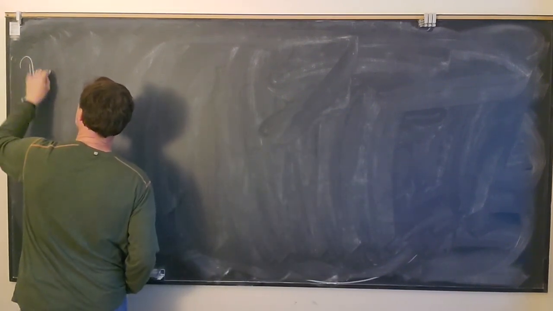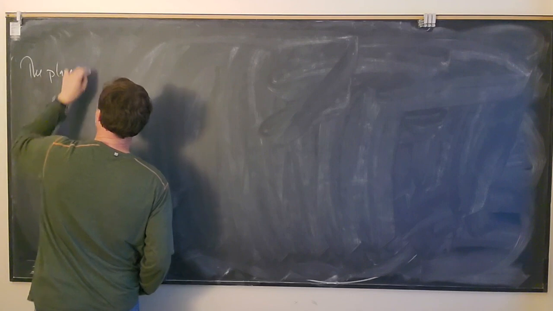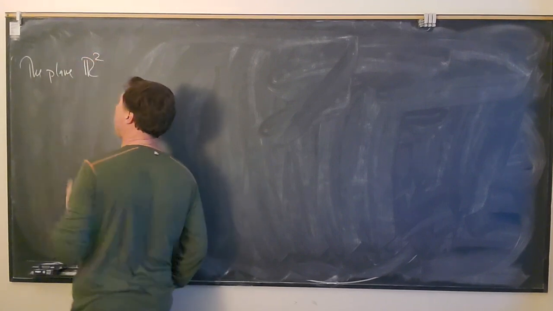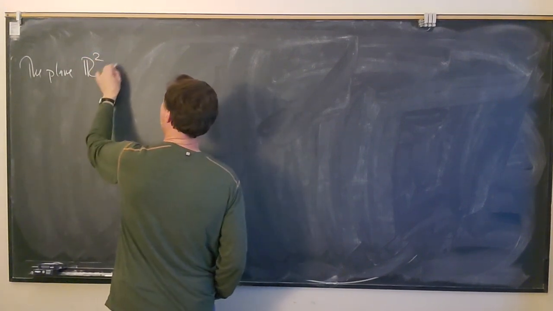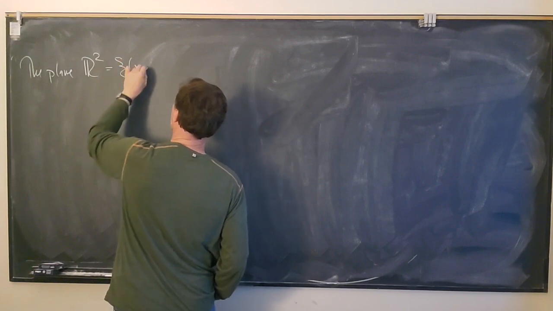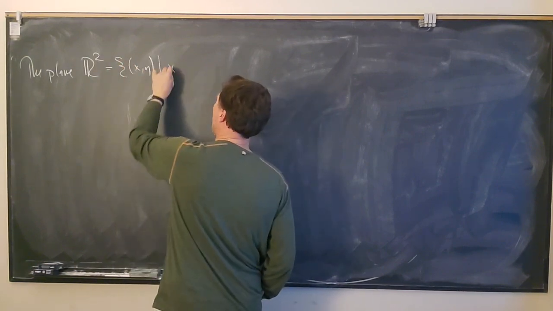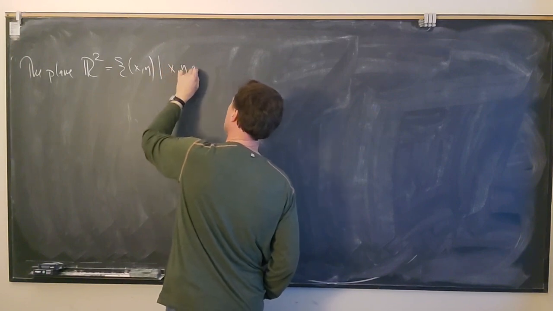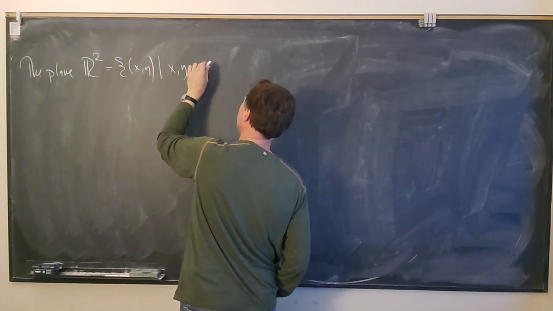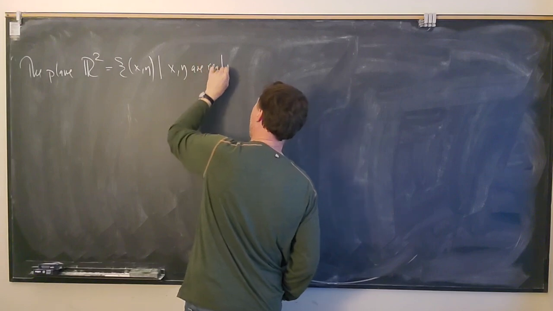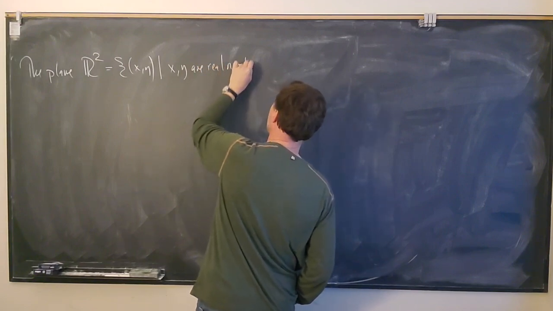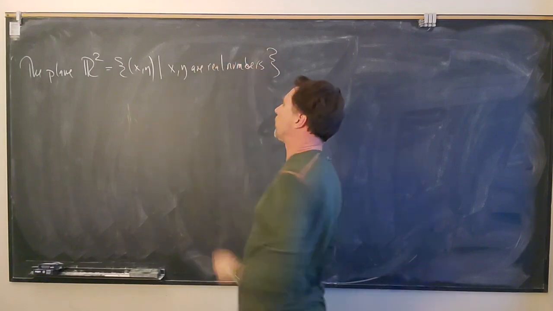So far, here's what you've studied: the plane, which is often written as R2, and that's the set of all ordered pairs of the form x comma y, where both x and y are real numbers, right?